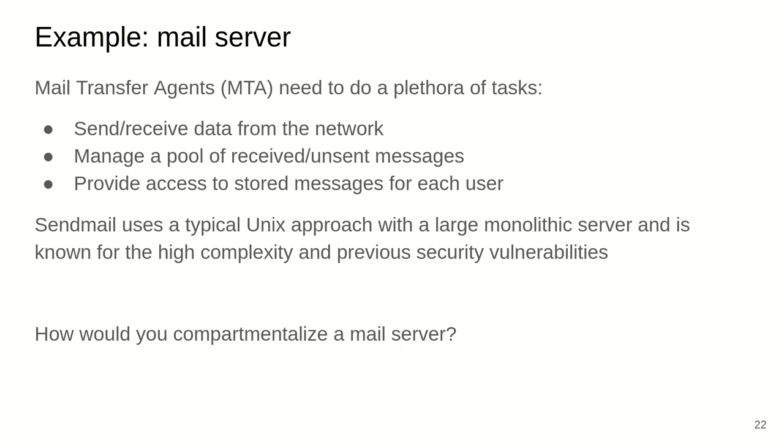And we'll talk about a mail transfer agent, a mail server, and an MTA needs to do a plethora of tasks, right? So this service needs to send and receive data from the network, as in there's new emails coming in that can be sent from other servers that we're receiving from somewhere outside, and we want to send emails that are being queued from our local users, right?